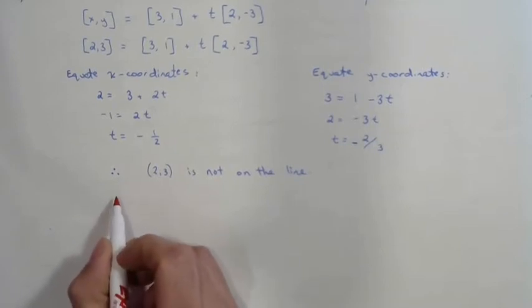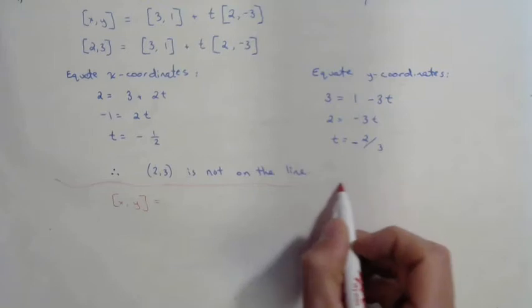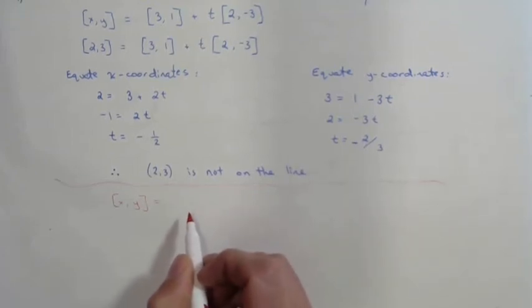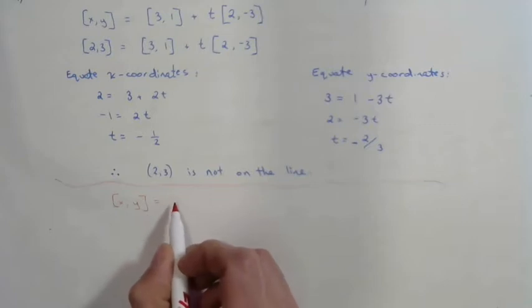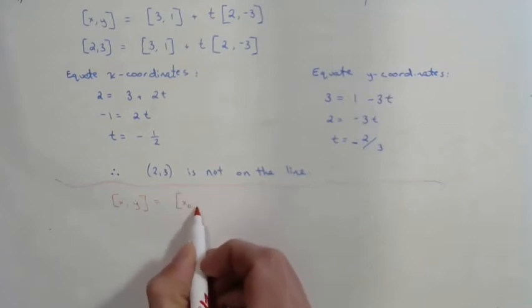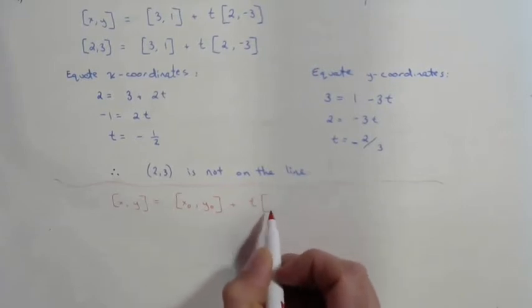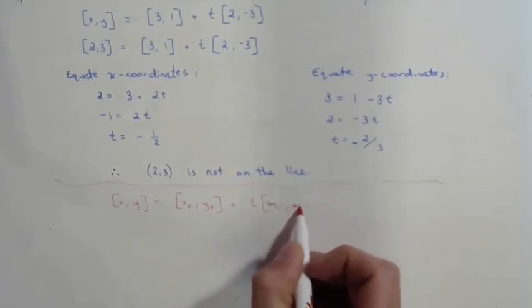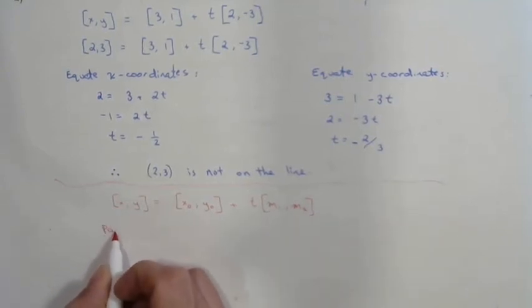X, Y equals, and this is different notes. It's not attached to example 1. It's separate notes. X, Y is equal to X naught, Y naught plus some scalar multiple of our direction vector M1, M2.